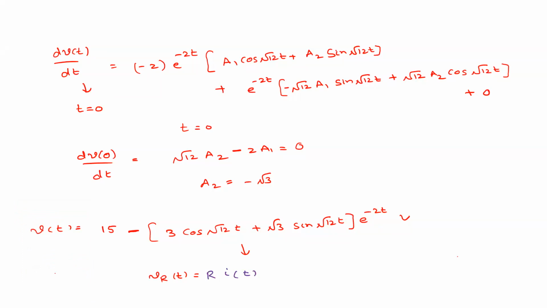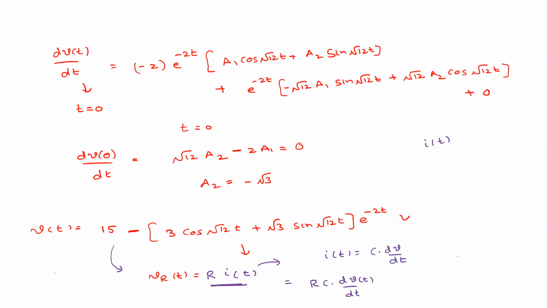So what is I of t? If you know the voltage across the capacitor, I of t is C into dV by dt. So this will be R into C dV by dt. So you can differentiate this one, or you can find RC into dV by dt.